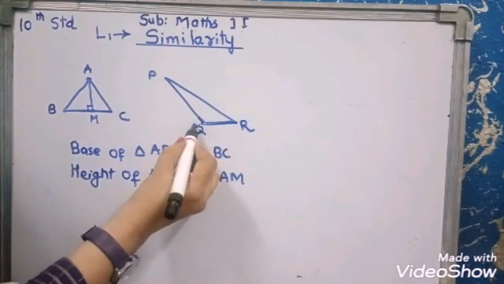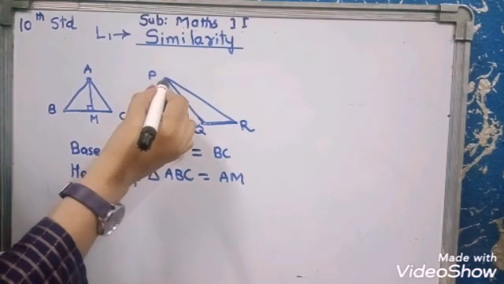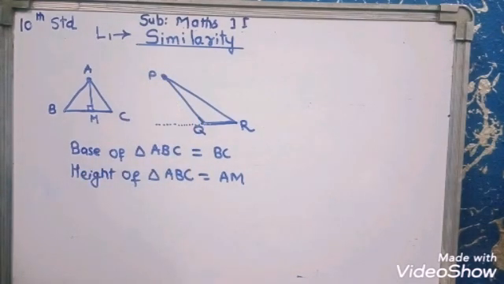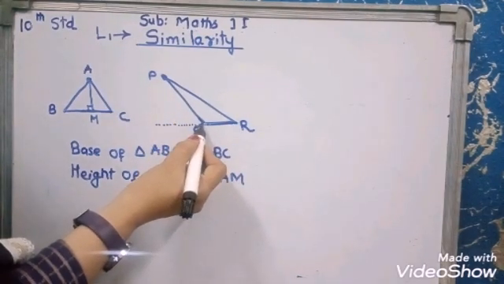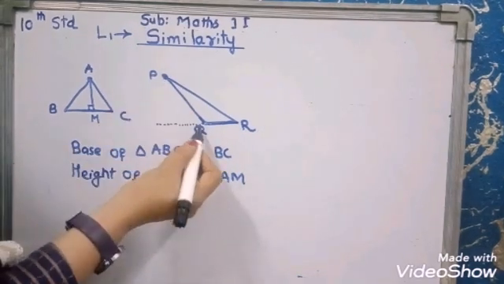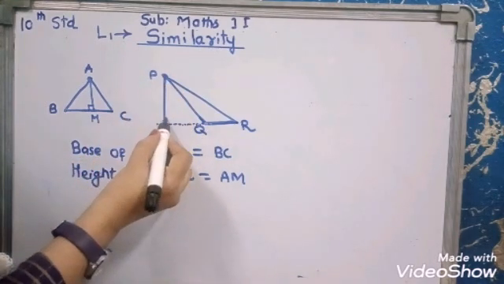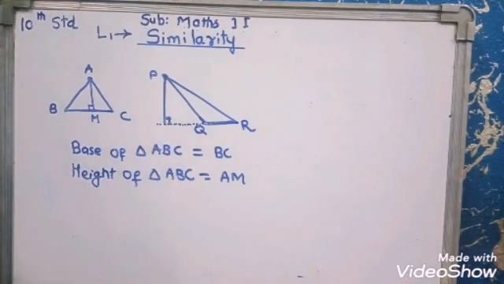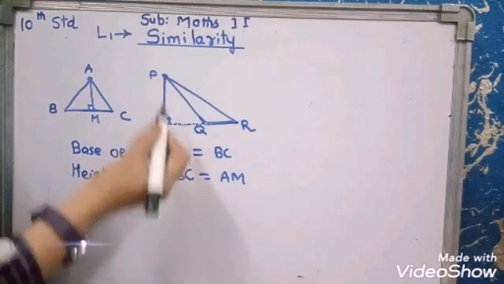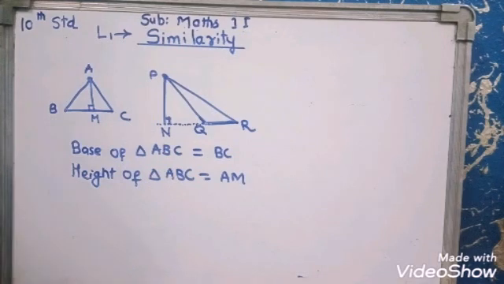Now here, if we want to draw the altitude from this vertex P to the third side of the triangle, or base of the triangle, we want to extend side QR in this direction, and this PN is the height of triangle PQR.